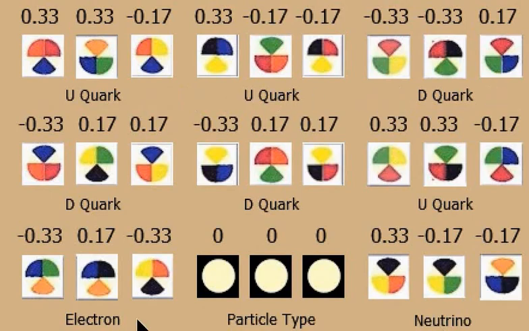And we can look at the electron and see that this left-handed electron has a minus 1/2 weak charge, and the right-handed neutrino gives us a 0 for the weak charge.